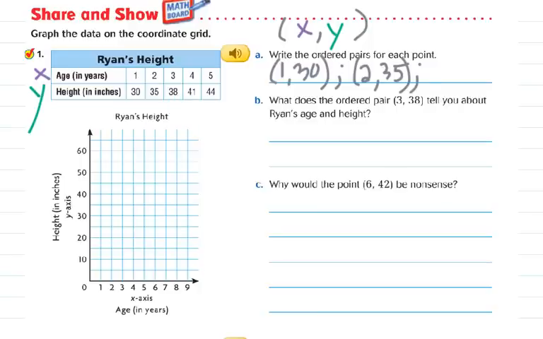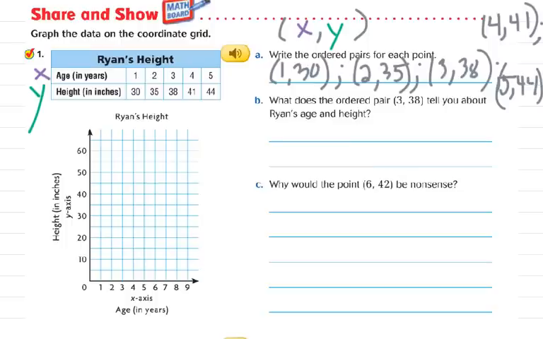So it's going to be 3, comma, 38. And then the next one, boys and girls, is going to be 4, comma, 41. And lastly, we are going to have the last ordered pair, which is 5, comma, 44.